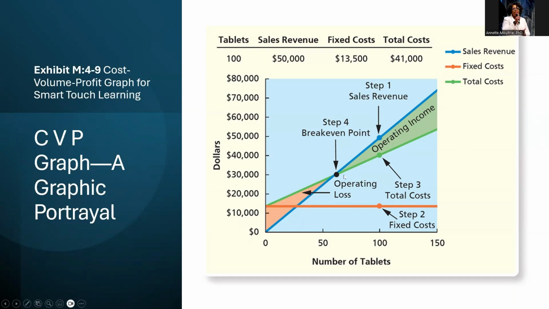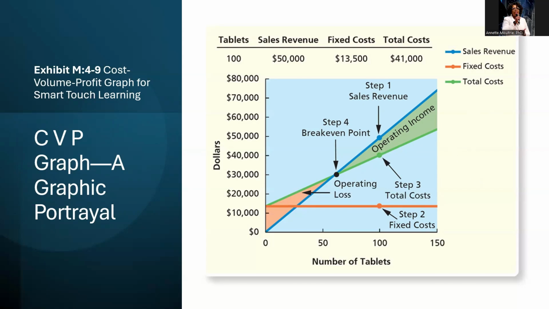That's what you see here in blue. Then you have your fixed cost line, which is in orange. It stays constant regardless of sales. And then you have your total cost line, which is represented with the green line, so that includes both fixed and variable costs.